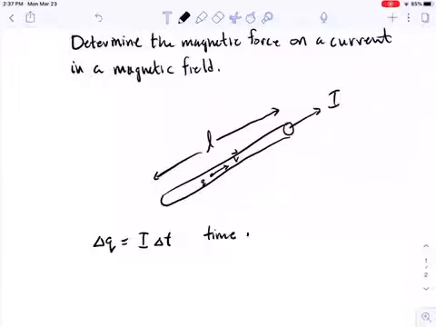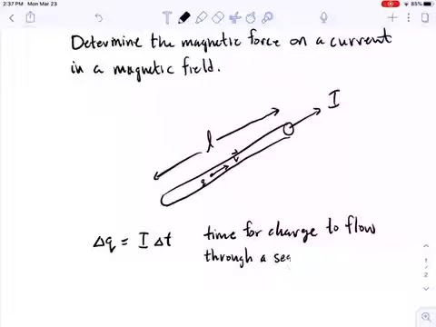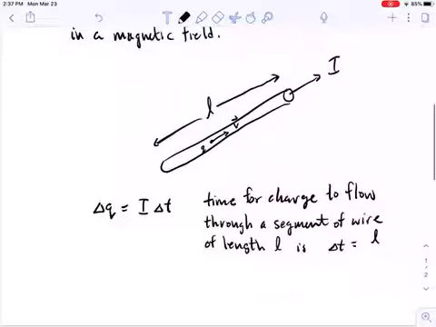The time for our charge to flow through a segment of wire of length L, delta T, is going to be the length of the wire divided by whatever the speed of our charges are.